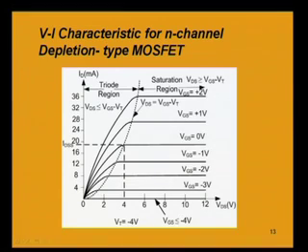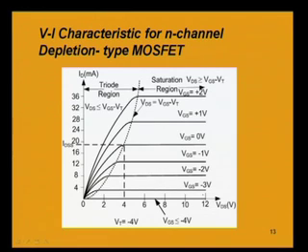So, when Vt is minus 4 volt, if the gate to source voltage is below minus 4 volt, then the current between drain to source is equal to 0. This is the cutoff region. Cutoff means no current, 0 current.